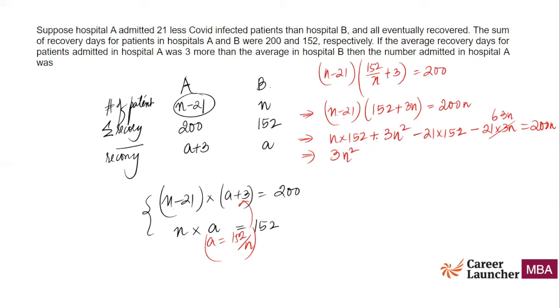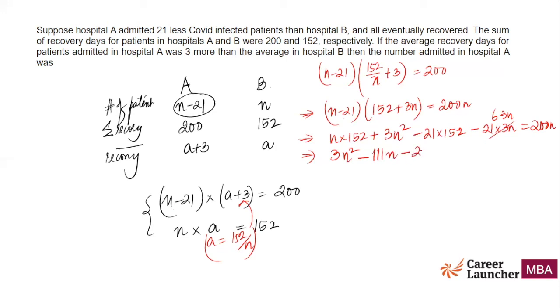So 263N, and we have 152. So that is going to be 63 plus 48, so 111.